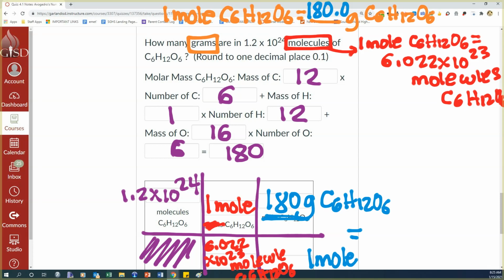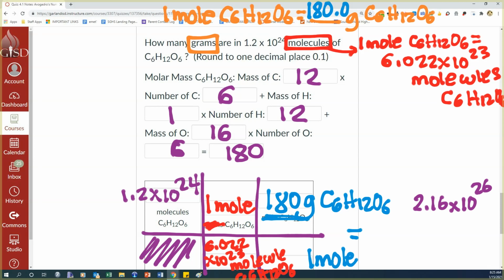So let's multiply the top. It's 1.2 times 10 to the 24th times 1 times 180. And I'm going to change the color so we can see it. The answer at the top is 2.16 times 10 to the 26th power.